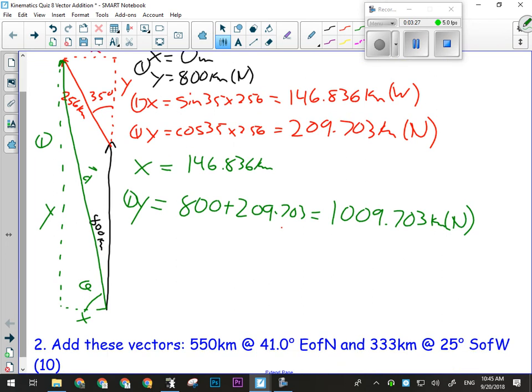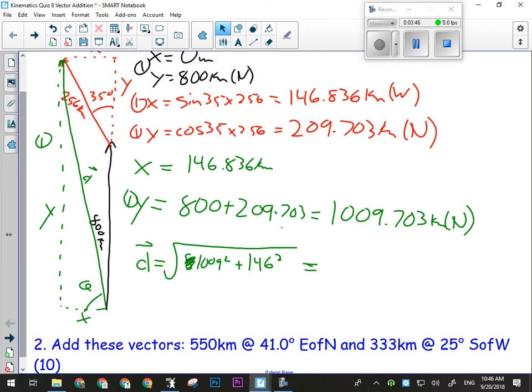Our next step is to do the Pythagorean theorem in order to get the magnitude of the total displacement. So that will be 1009 squared plus 146 squared. Obviously, I'm not just typing in those digits. I'm putting in all the decimals here to get our total displacement.